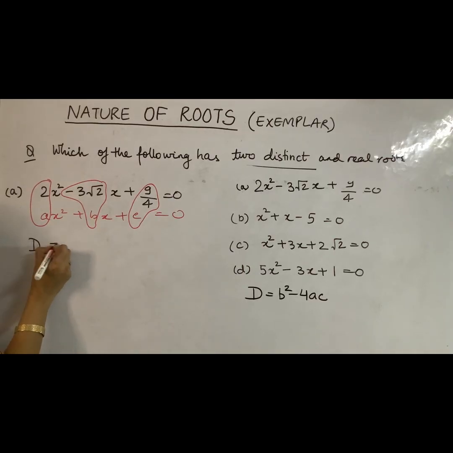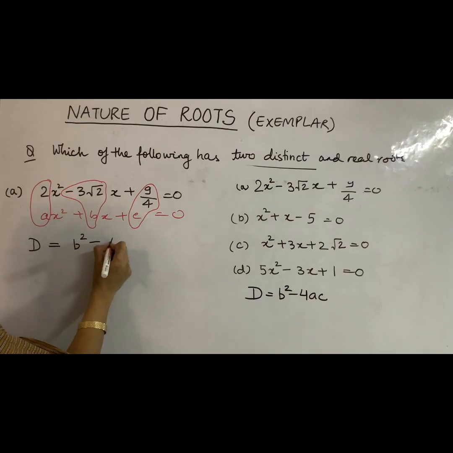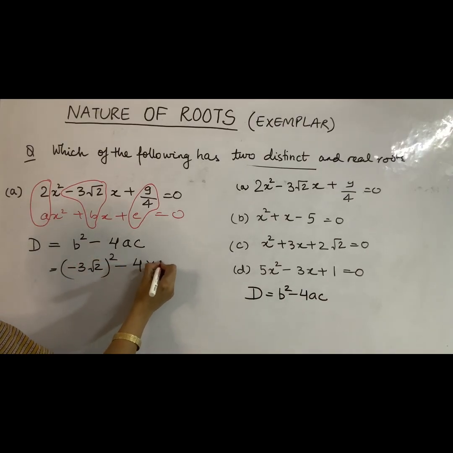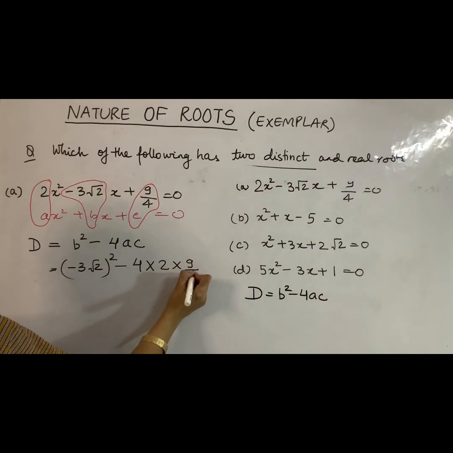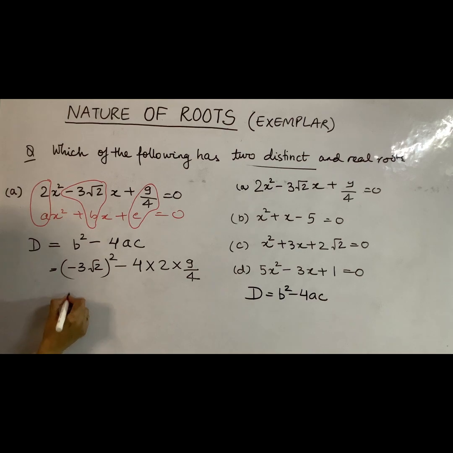So let us find out D. D is b square minus 4ac. What is b? Minus 3 root 2 whole square minus 4ac. Agreed? So this is 3 root 2 into 3 root 2. So this is 3 into 3 into 2, which is 18.